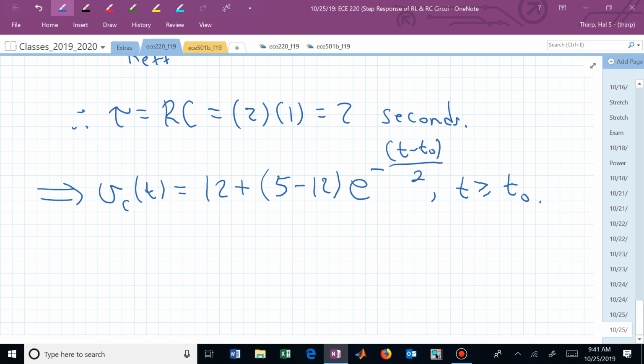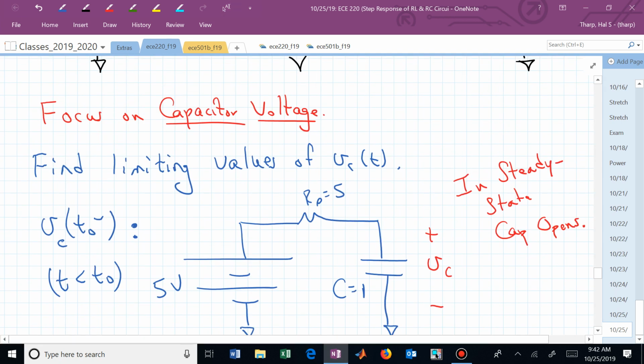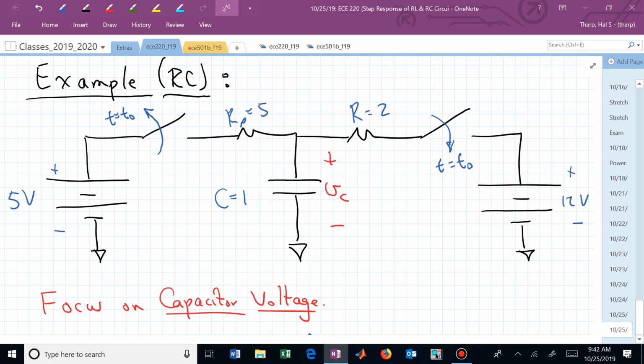So we had to shift the time argument in that exponential by whatever t sub 0 amounts to in our circuit. And we didn't specify that. But now you can tell me a lot about this, and you can actually see, I hope, what V sub C of t looks like. This is now our solution to this circuit for time t greater than or equal to t sub 0.